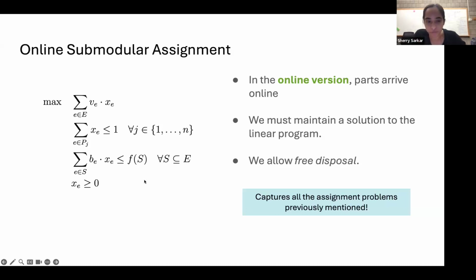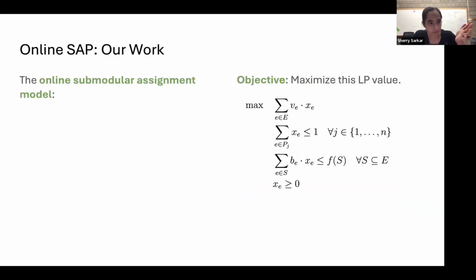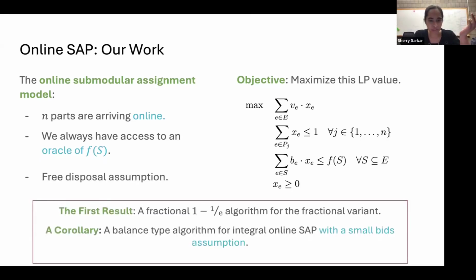Okay, perfect. Yeah, so this is the general framework. And with this framework, let me just say exactly what our work and our results are. In this online submodular assignment model, you have the parts that are arriving online. We have Oracle access to f of s, just pretend we know what f of s is at all times. And we have this free disposal assumption.